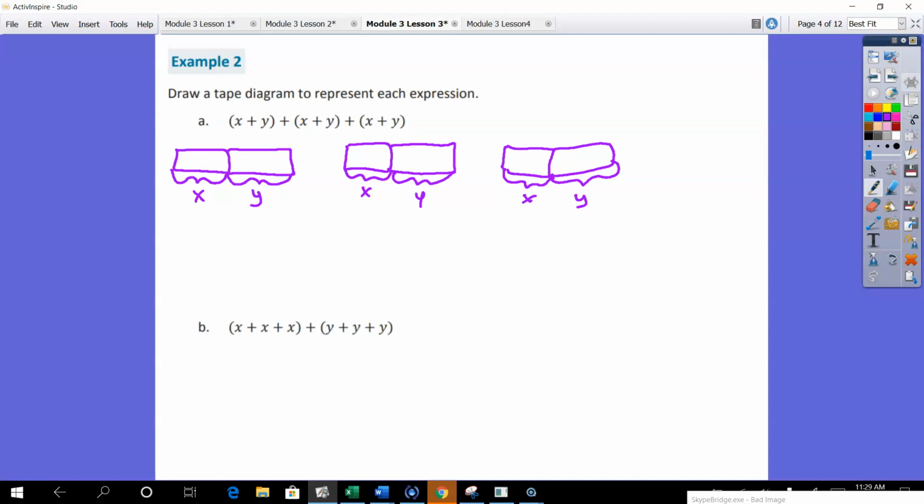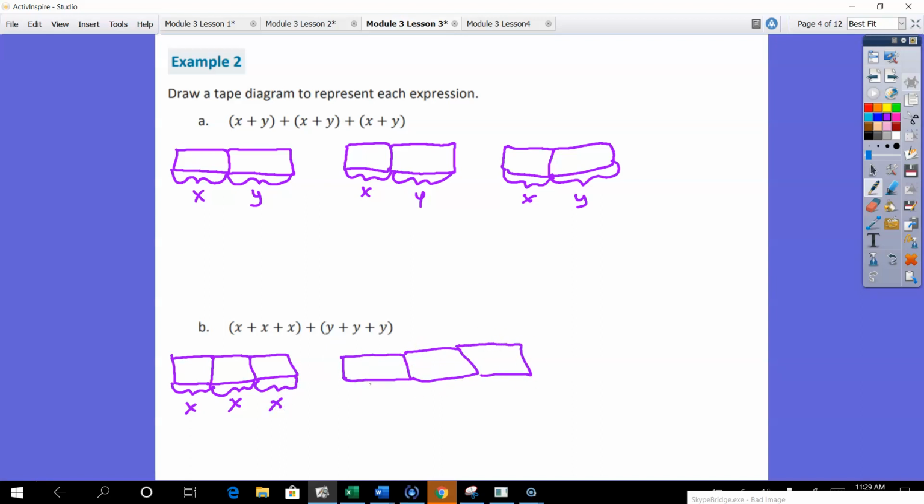Okay, in your next one, we have 3 x's. So 1, 2, 3 x's. And then we have 3 y's. Labeling each helps you. You should label each one.